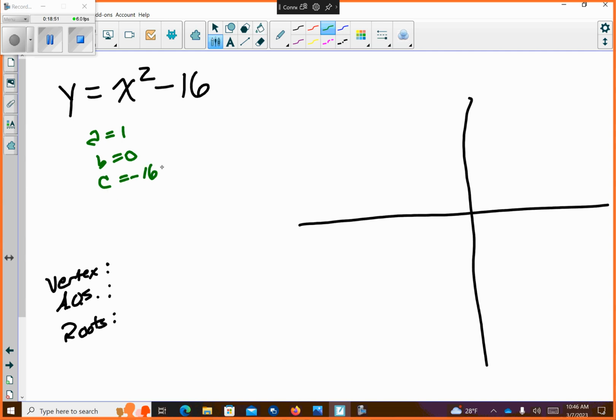This is going to go off our grid, so we just have to realize that it's okay. The ones on the test tomorrow will not go off the grid. Axis of symmetry is x equals negative b over 2a. So that's x equals negative 0 over 2 times 1, which just gives me 0. Axis of symmetry, 0.